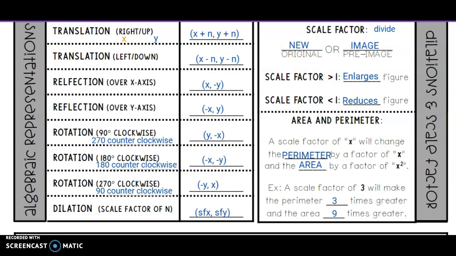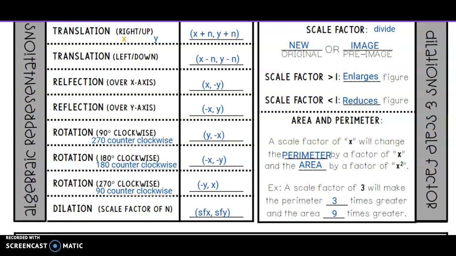Area and perimeter. This only applies to dilations for scale factor. And it says if your scale factor of x, that will change the perimeter by the value of x. You just multiply by whatever the scale factor is. Now, with a scale factor of x, it will change the area by the scale factor squared.